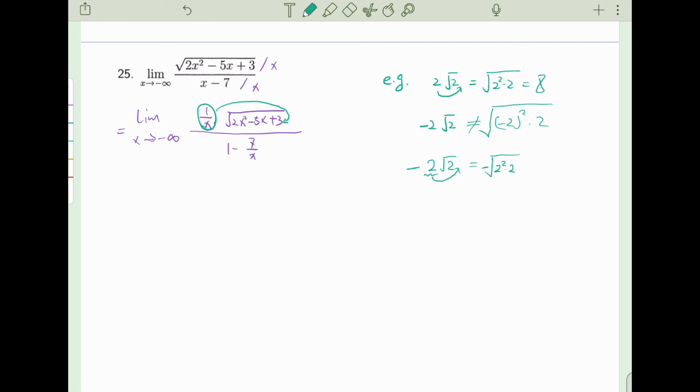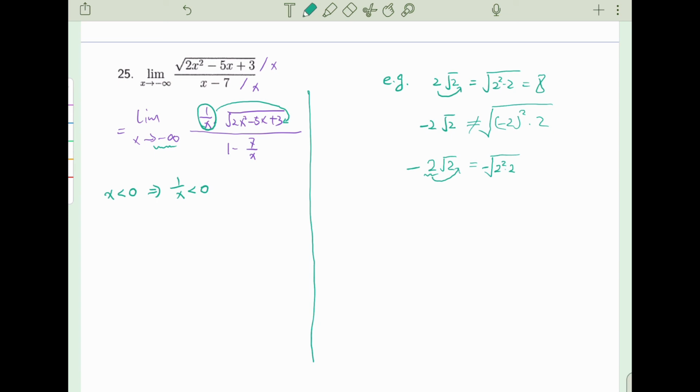We have the condition already from the question that x is going to negative infinity, so x is less than 0, which means that 1 over x is less than 0. So we cannot let this 1 over x go into the square root, since it's a negative number.